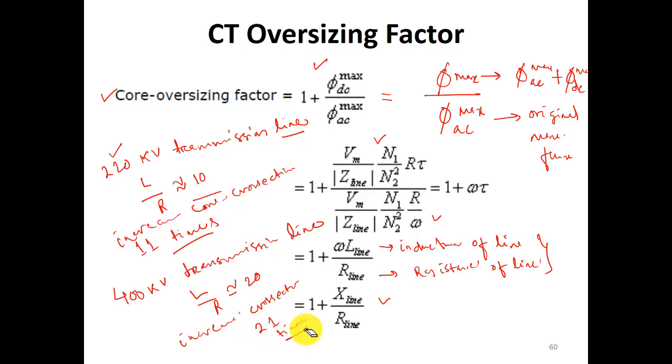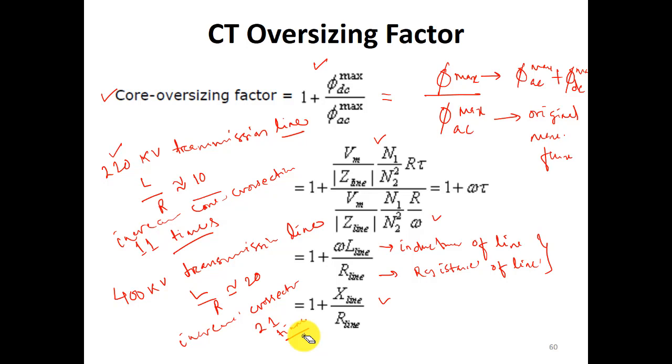If we do this in practice, your CT will become very bulky, very heavy, very big in size, and the cost will increase. So it is very difficult to accommodate this kind of oversizing factor in order to avoid saturation because of the DC offset current.